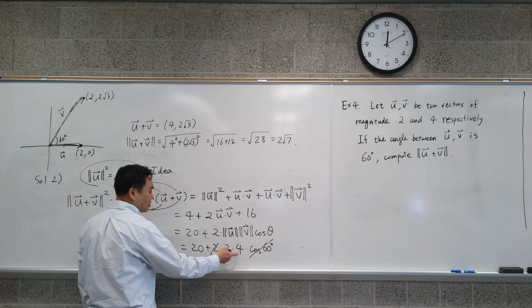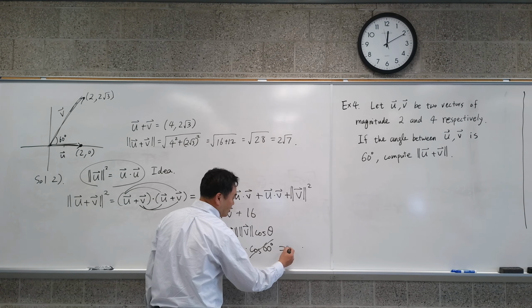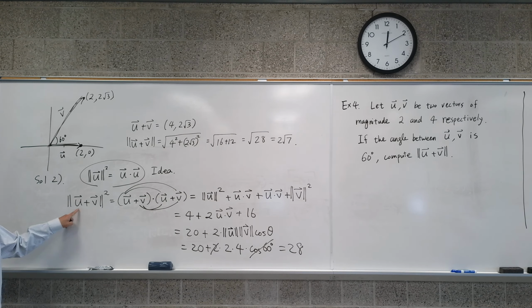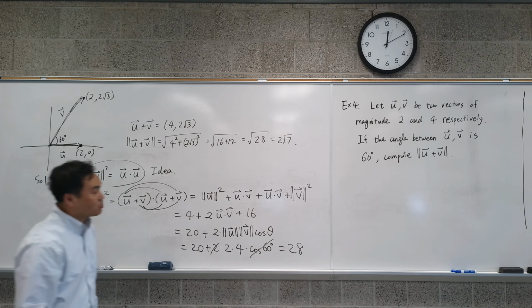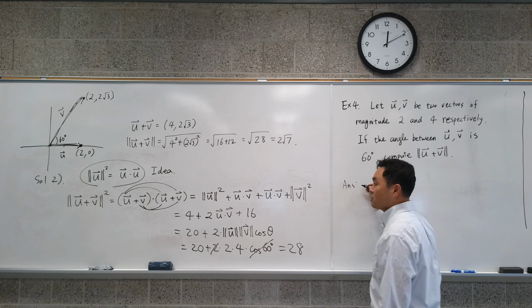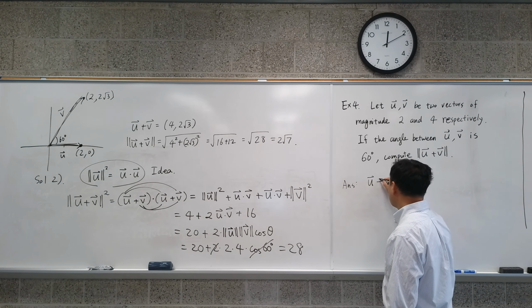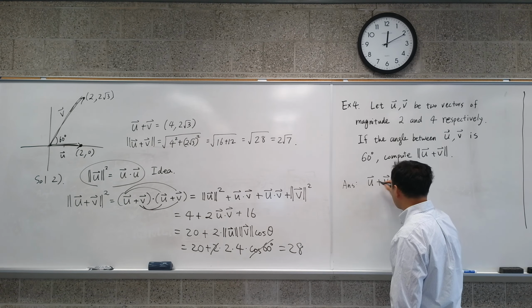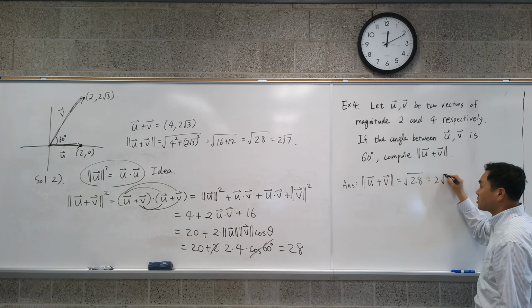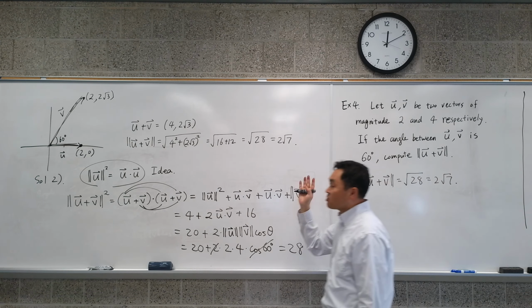And now you have 2 times 4, which is 8, so you get 28. And what do you know? That's the norm of u plus v squared. Therefore, the answer would be the norm of u plus v is now equal to the square root of 28, which is the same as 2 radical 7. Okay, so you get the same answer.